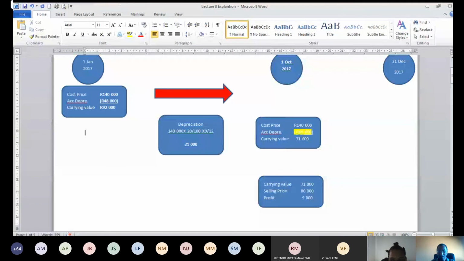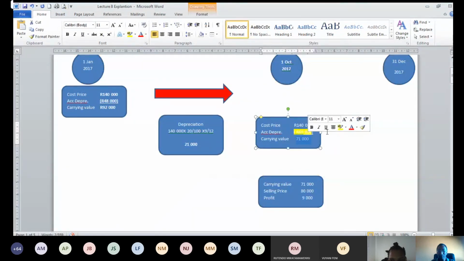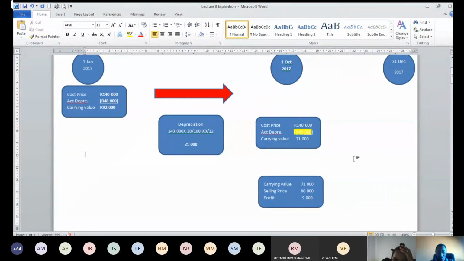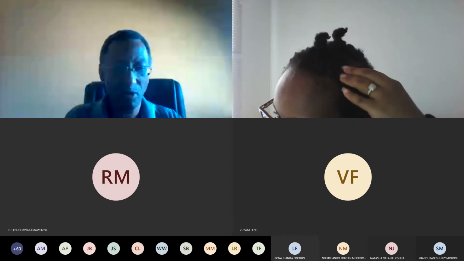Carrying value is cost minus accumulated depreciation. Cost of 140,000 minus 69,000 gives you a carrying value of 71,000. That is the real value of the asset on the 1st of October. Now, that asset with a carrying value of 71,000, we are selling for 80,000 rand. We're selling it for more than the carrying value. Therefore, we are making a profit of 9,000 rand. All right, Guyani, I hope that is clear.